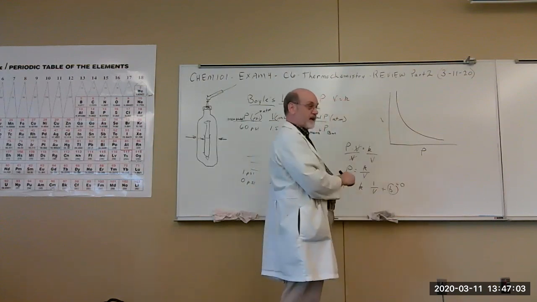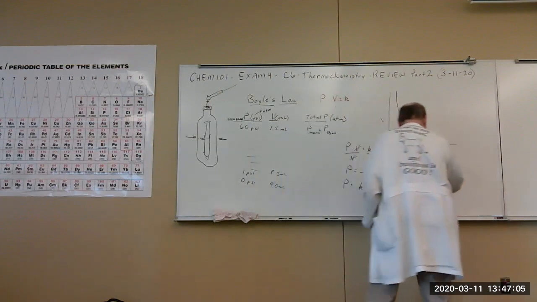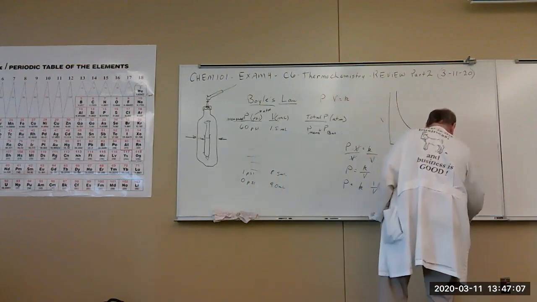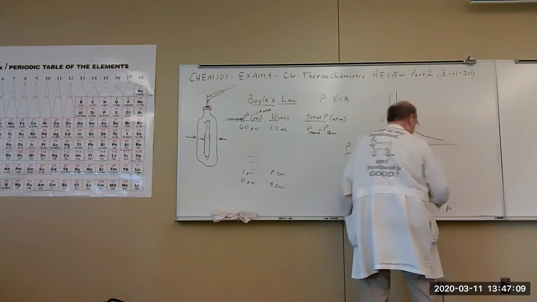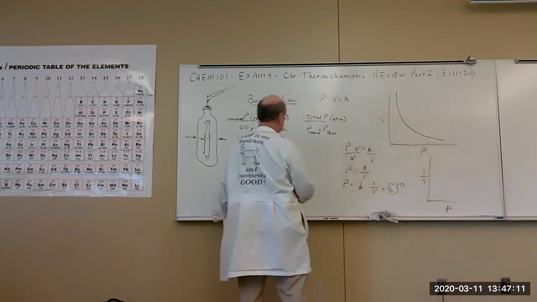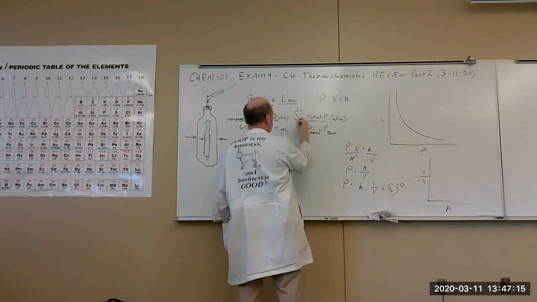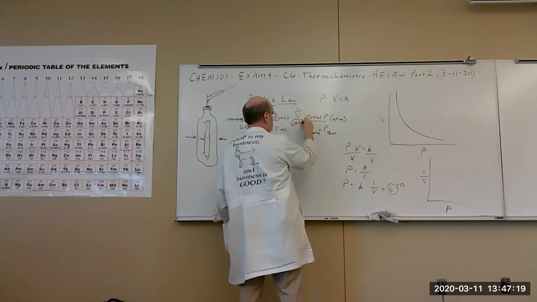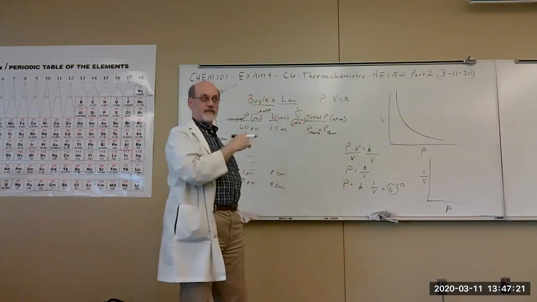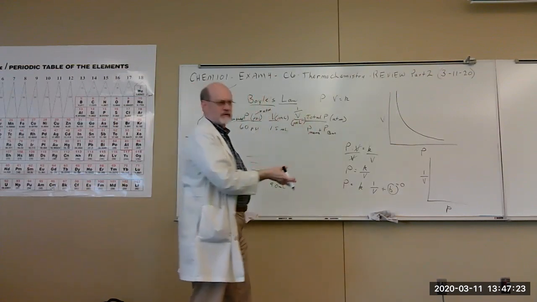Right? So now if you plot p against 1 over v, right? So you're going to have another column over here. Right? It's going to be milliliters to the -1 power. Anytime reciprocal, -1 just means it's reciprocal.